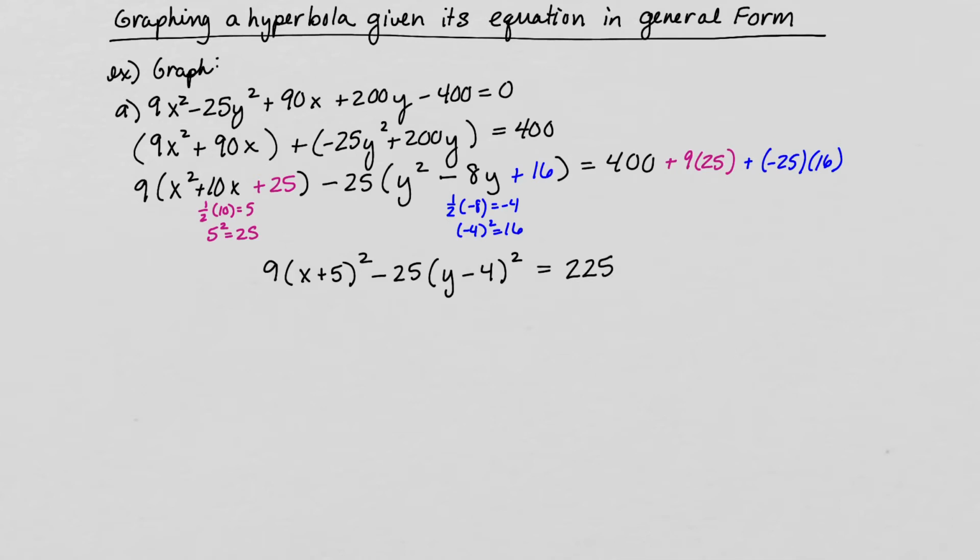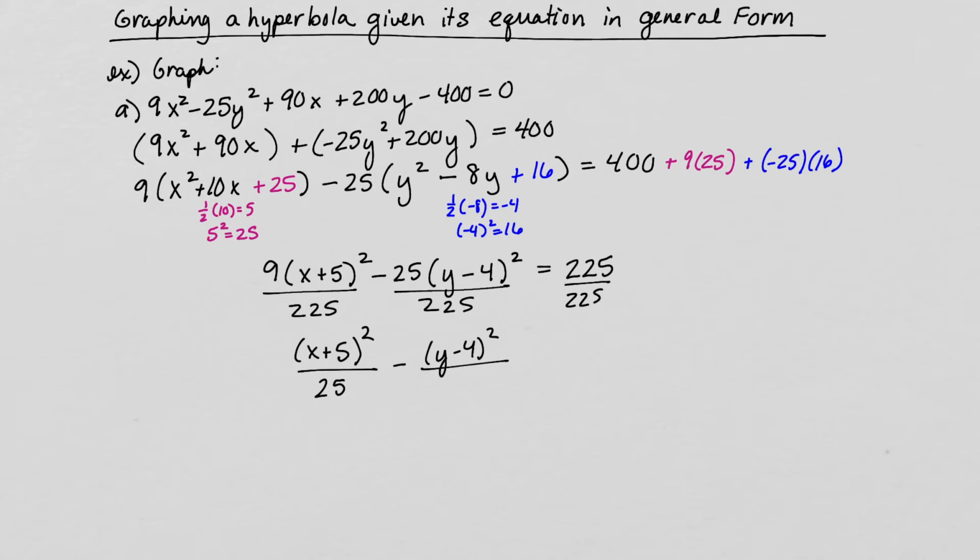And so now, remember in my standard form, on this side, everything is equal to 1. So we're going to divide everything by 225. And so we're going to end up with x plus 5 squared over 25 minus y minus 4 squared over 9 equals 1.